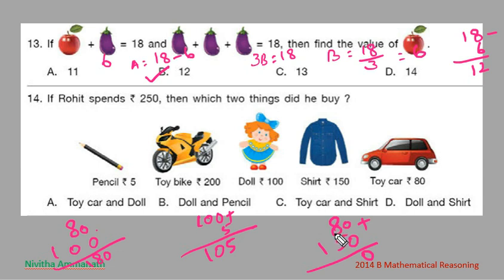After 8, 9, 10, 11, 12, 13. 3, 1 carry over. 1 plus 1, 2. That is 230. Then next, doll and shirt. Doll 100 and shirt 150. So 100 plus 150. 0 plus 0, 0. 5 plus 0, 5. Then 1 plus 1, 2. 250. So this is the correct option. Rohit spends rupees 250. Then which two things did he buy? Doll and shirt. Next question.